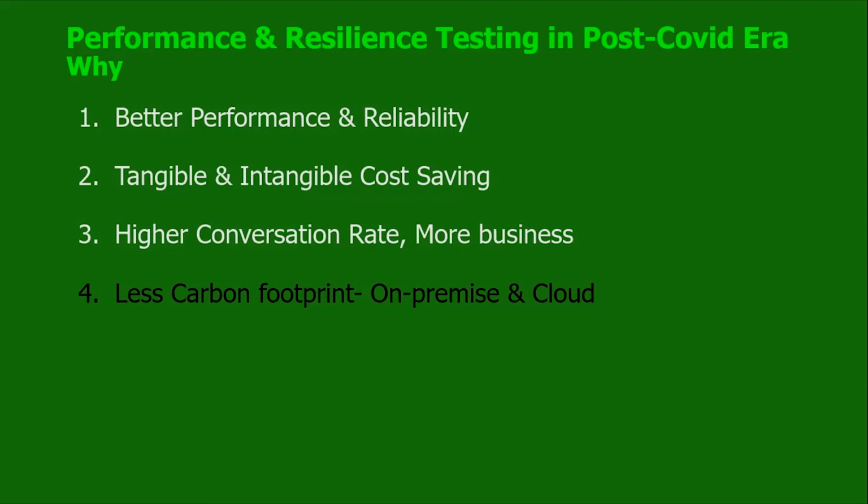Your overall server utilization is 30% or 40%, but you already have a lot of servers in your on-premises solution, resulting in more carbon footprint. That is not at all required. What you have to do is make those extra servers redundant, or use them only when required, so that the carbon footprint to society is less.